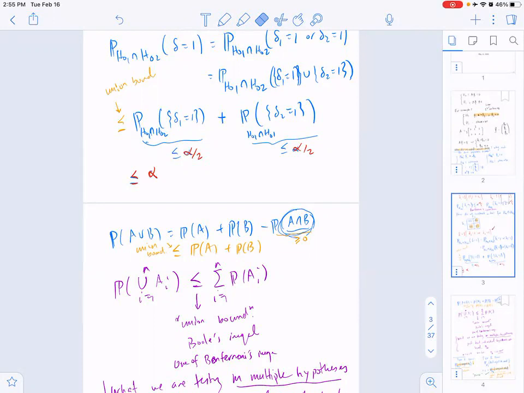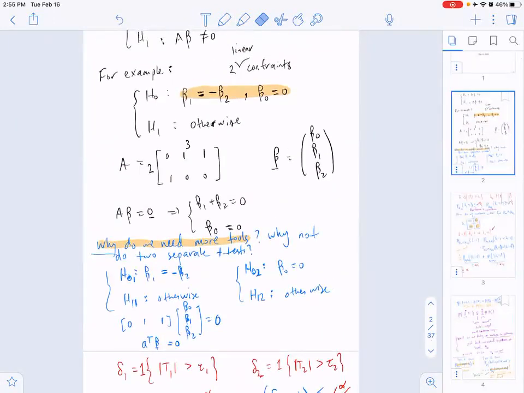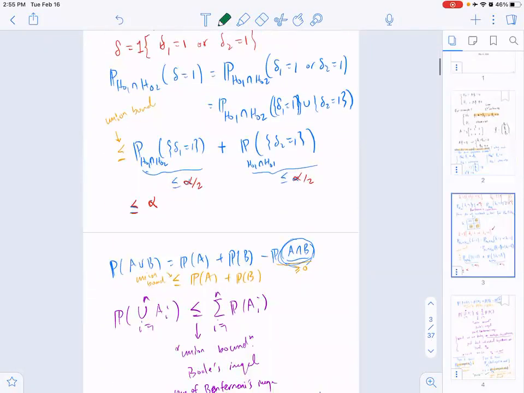You hope you can do better by jointly considering all the information. I might be able to come up with a test that directly tests this joint null, and I would hope that for the given level I would have a much higher power, and this is indeed the case. Does that make sense to people?